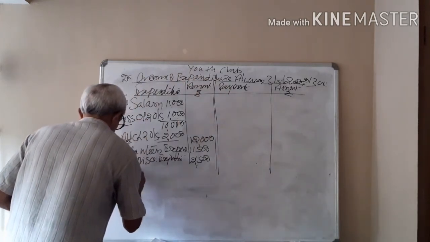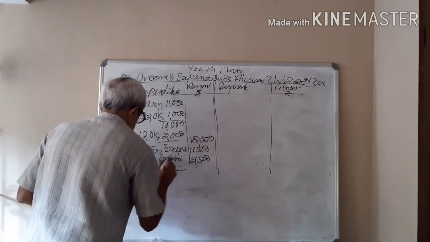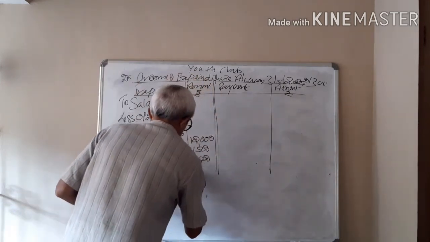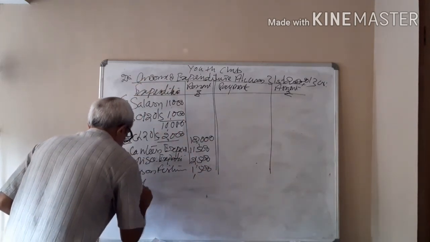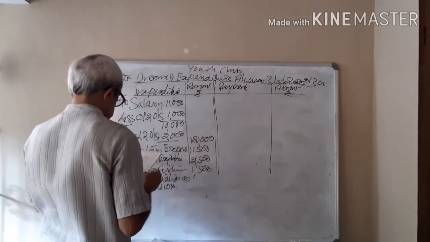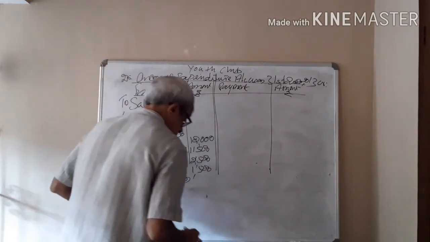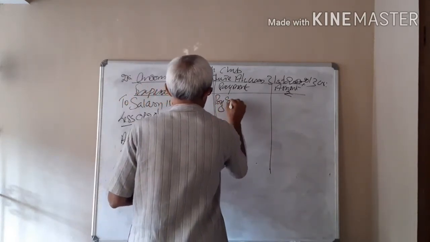Next is loss on sale of furniture, that is 1,500. Then depreciation on furniture, that is 10% is the rate of depreciation.